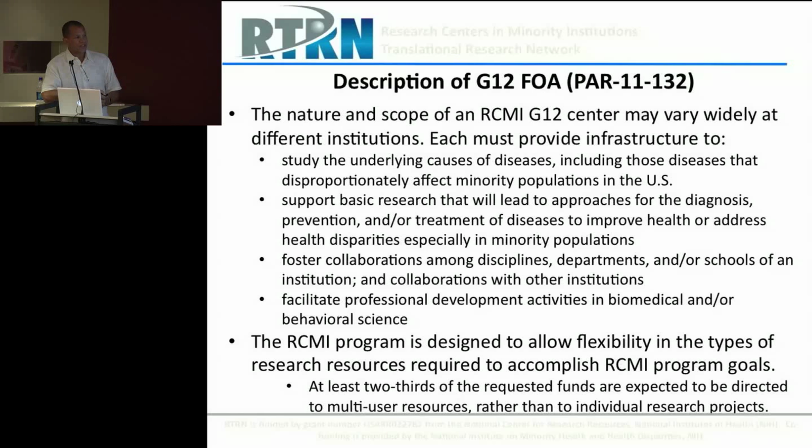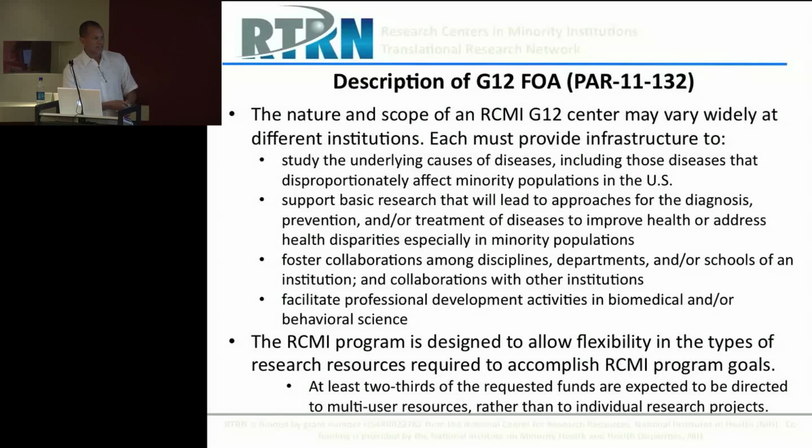And then foster collaborations among disciplines, departments, and/or schools, and collaborations with other institutions. So that is something that's new, that is actually specifically being required by the RCMI program office. And then facilitate professional development activities in biomedical and behavioral or biobehavioral science.